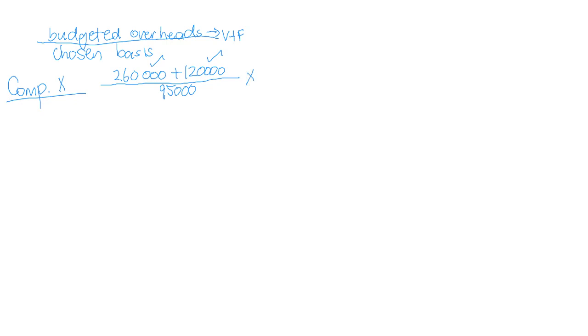So this multiplied by 100 gives you a figure of 400% of your labor costs. Please don't be alarmed if it's a very high percentage. That's perfectly fine and normal. So 400% of labor cost is your first predetermined allocation rate.